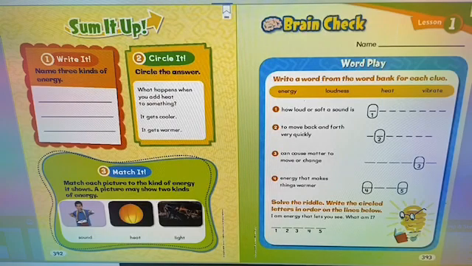What can happen when you add? Remember the adding and subtracting. Over here we are adding heat to something. It gets cooler or it gets warmer. What do you think?